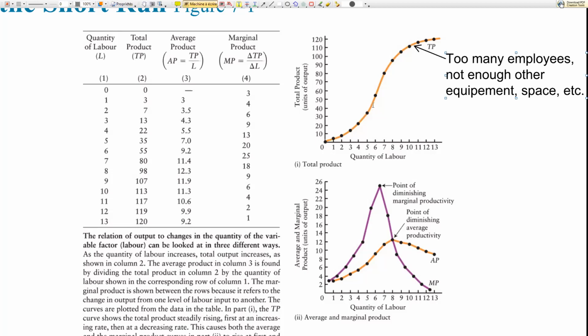Oh, so in this first part of the curve, there are not enough employees for the equipment. No, you could say if I'm the first employee, I'm very, very productive because I can use the whole restaurant to work. But here's how I would put it.